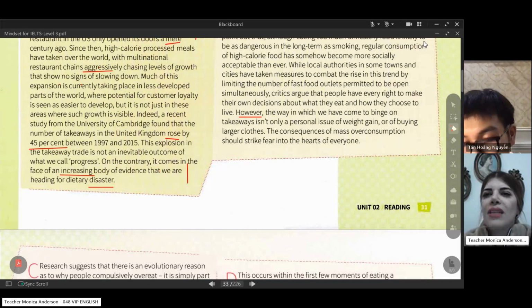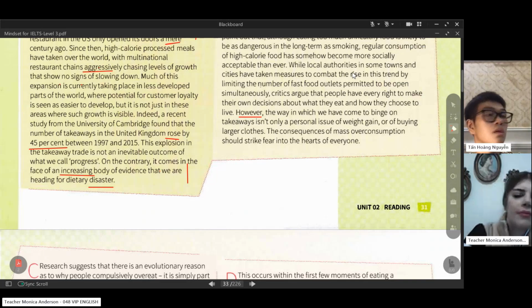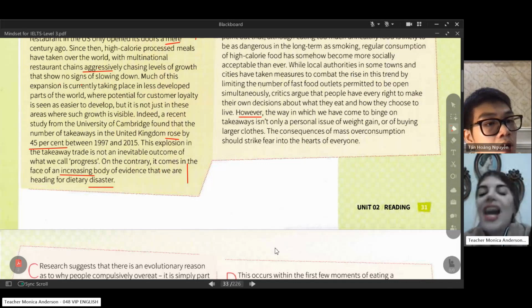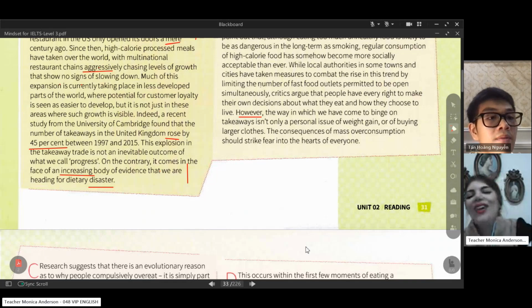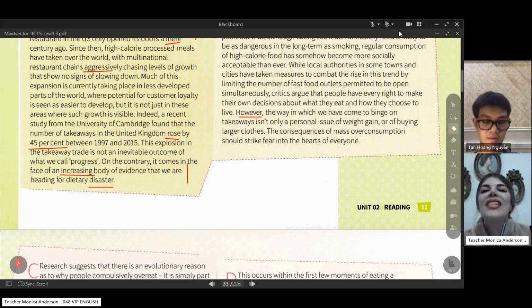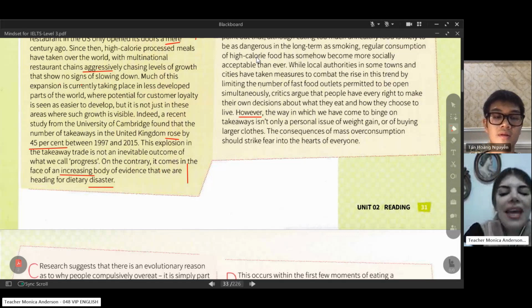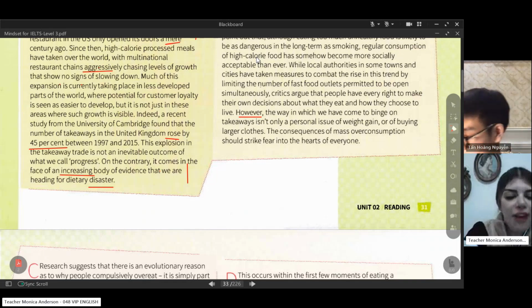Okay, percents. Yeah, you mean an s. Okay, so you want to know why this paragraph doesn't include a plural of percent, because of 45.